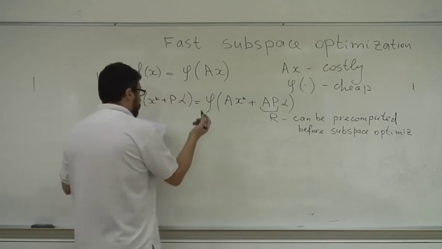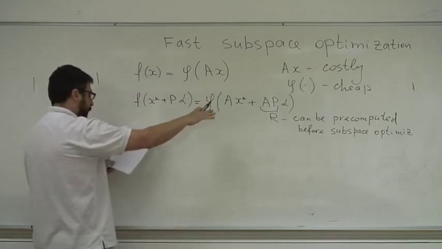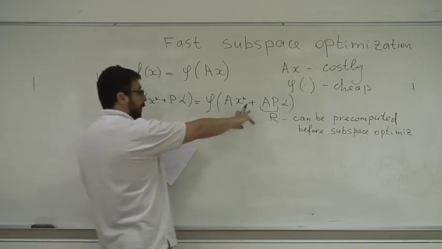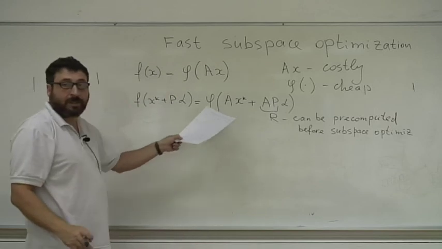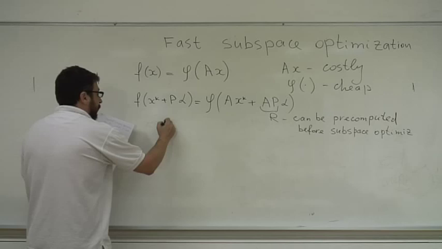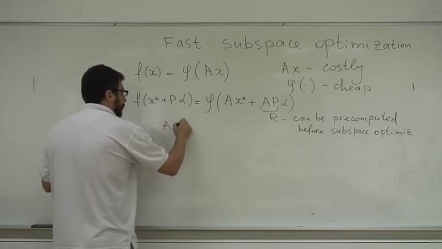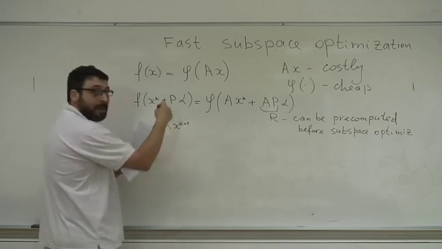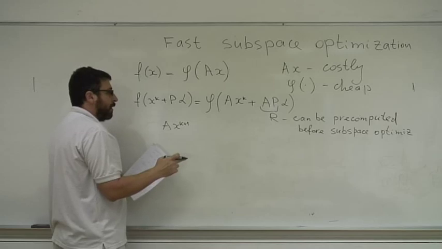After we did our computations and optimization, and computed alpha k as the optimal vector, even to compute A multiplied by x k plus 1, which will prepare optimization in the next step, I don't need to compute it explicitly.